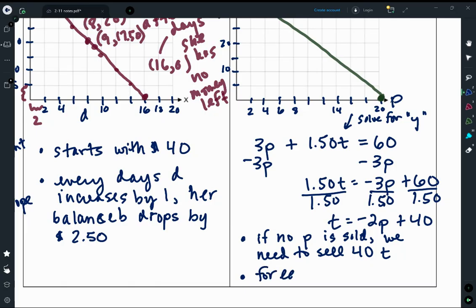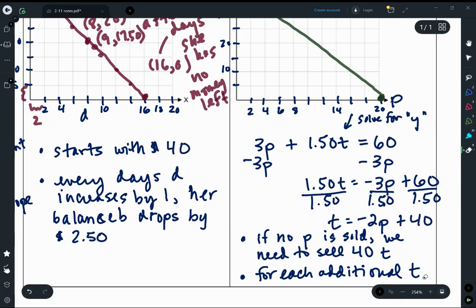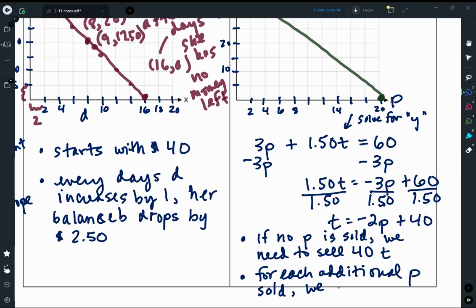For each additional tea, or no, wait a minute, for each additional p sold, because we're looking at going to the right in this case is going in that p direction. So for each additional p or popcorn sold, we can sell 2 less tea.